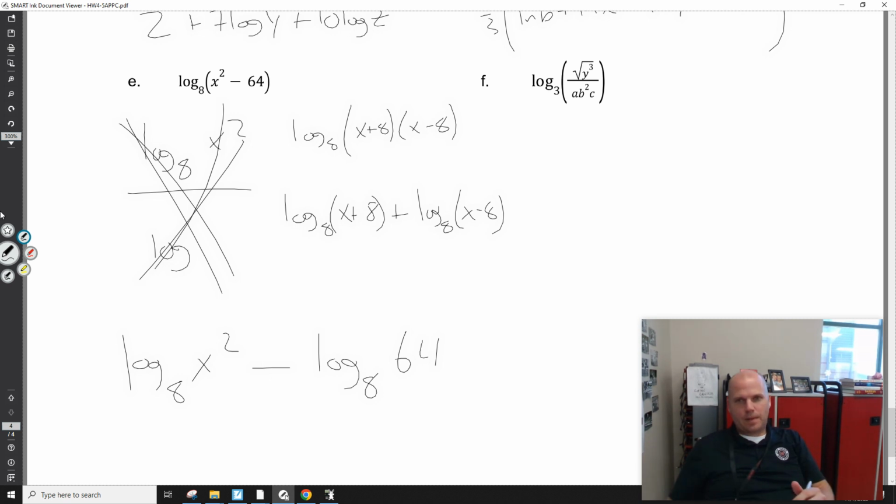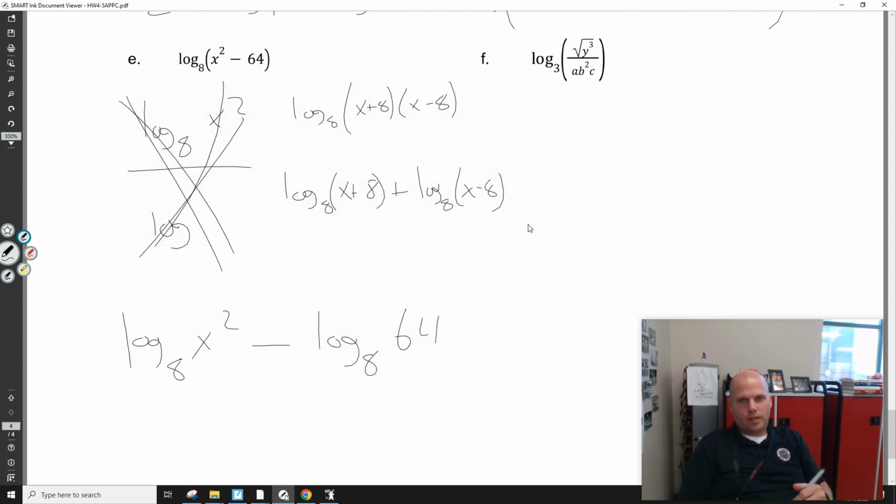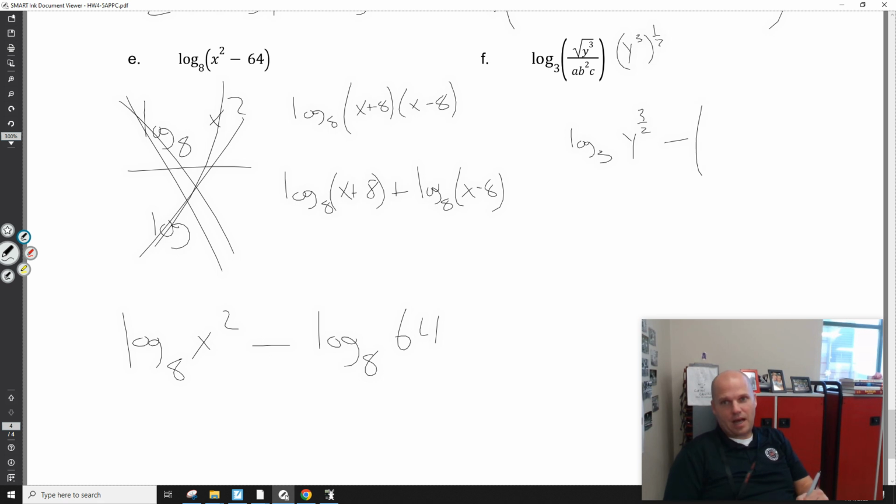I'm going to show you all the steps here, then show you the quick way to do it. I would write this as log base 3 of really y to the 3 halves. We know this is y cubed to the 1/2. So I'm going to just do that. And then I'm dividing by all of this stuff. So you could start doing that. Do you have to do this? No, you don't have to do this.